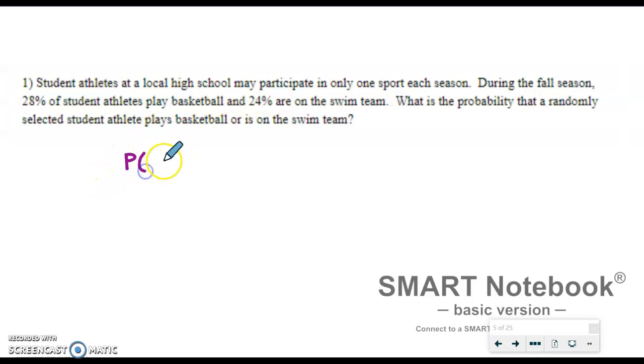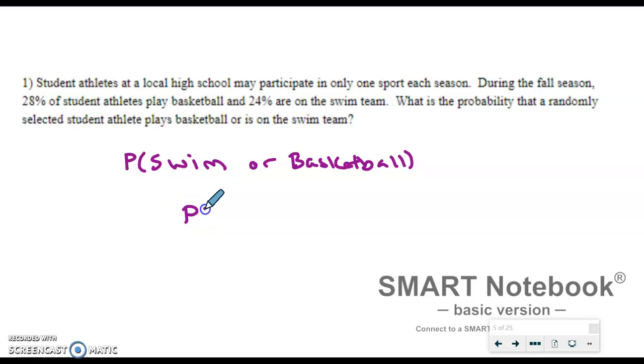So what is the probability that they swim or play basketball? Okay, to figure out this probability, we would take the probability that they swim plus the probability that they play basketball.